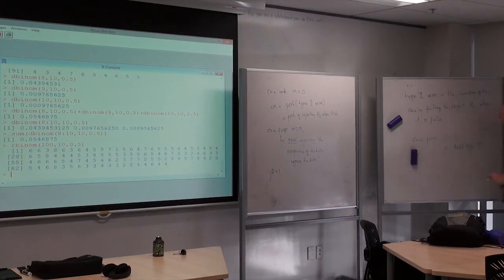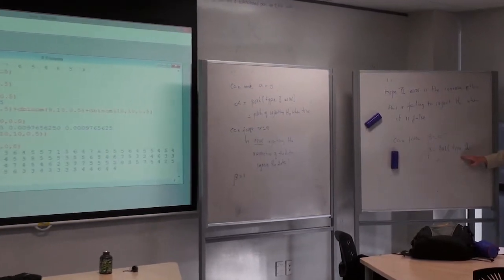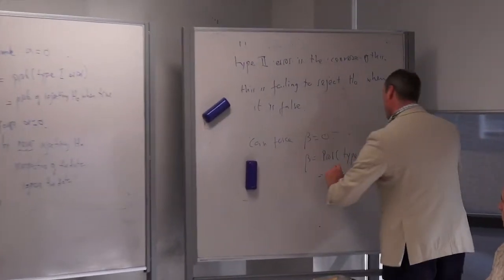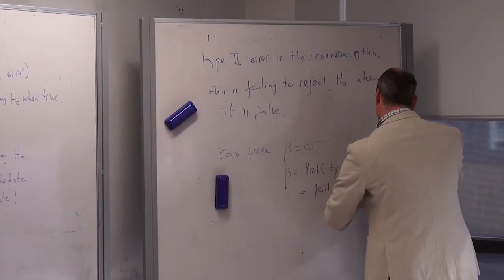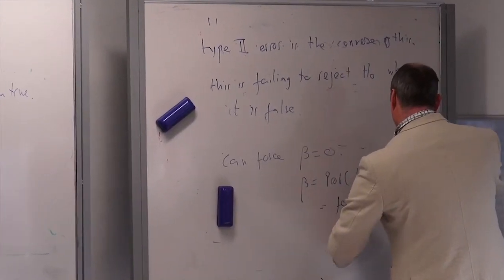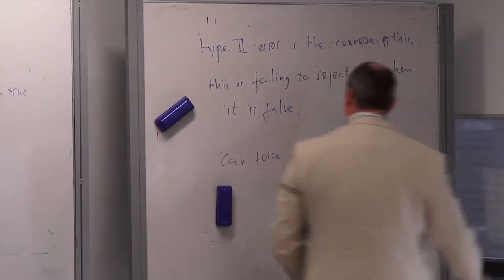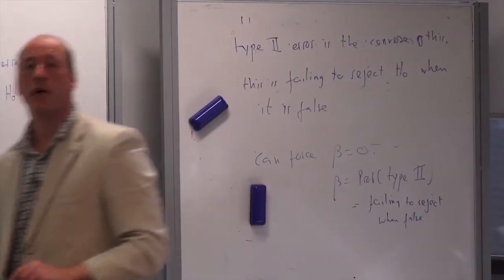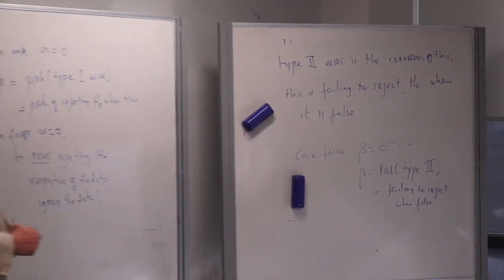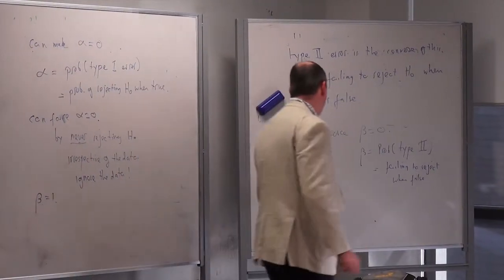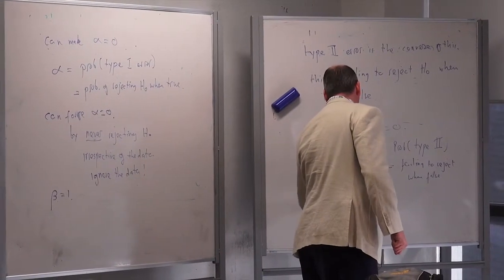Failing to reject it when false. So how do I get that? How do I get beta equals 0? How can I suppress all type beta errors? By always rejecting it? Indeed. Can do this. Always rejecting it.